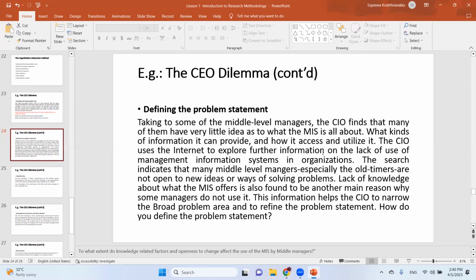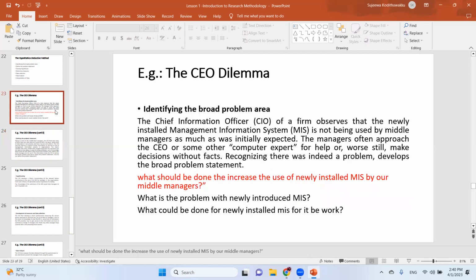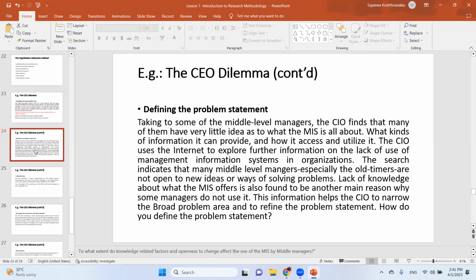Now the same problem, the raw problem given here, you want to modify it. When you submit your problem through a research dissertation or proposal, you have to polish it. You have to develop a problem statement by polishing your problem.